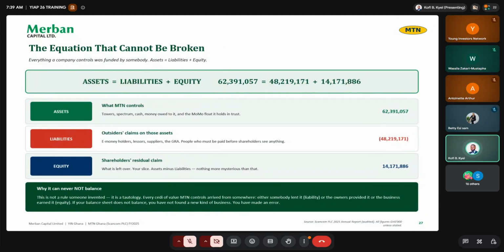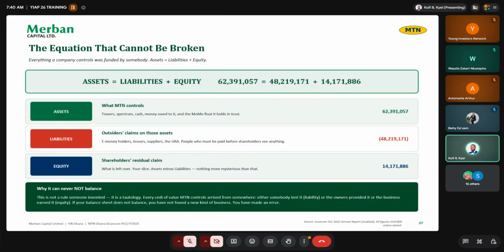Now to the liabilities. What are the outsiders' claims on those assets? The e-money holders: there's a fraction of the assets that is the MTN Momo float, and those who own that money are the e-money holders.